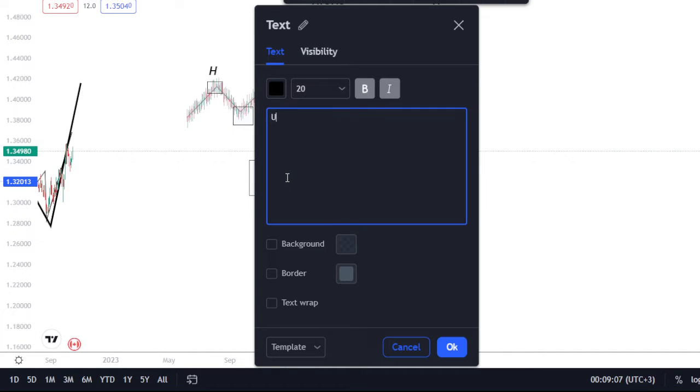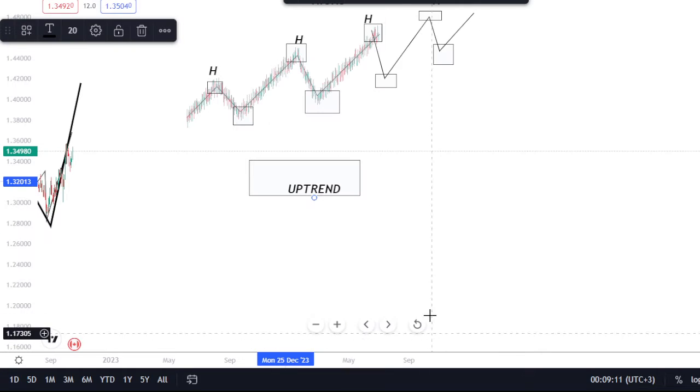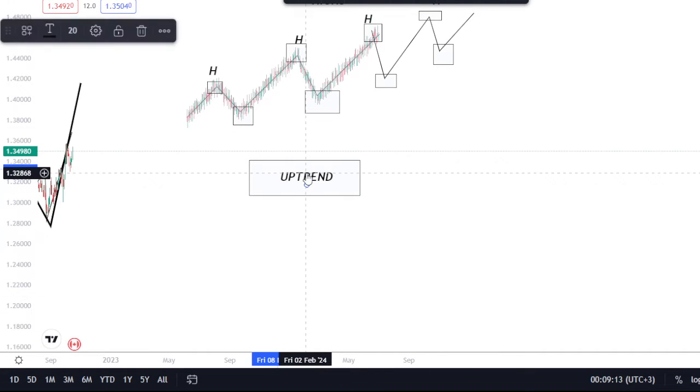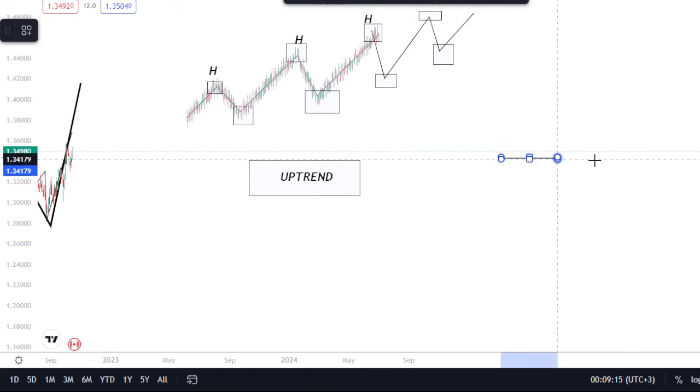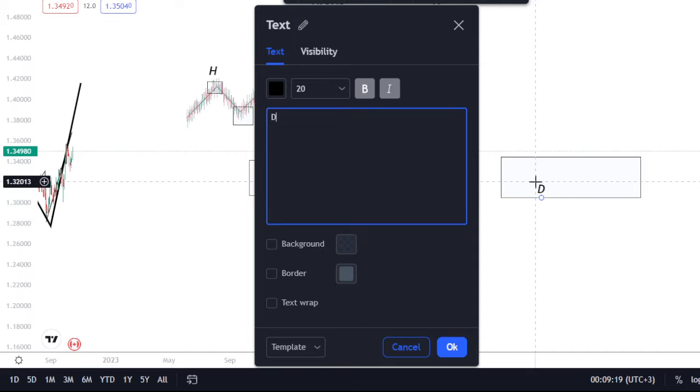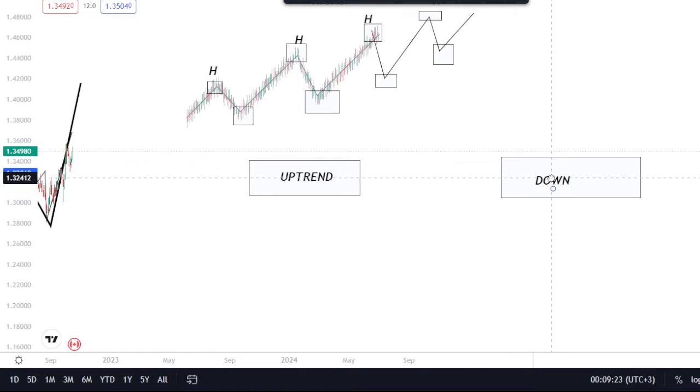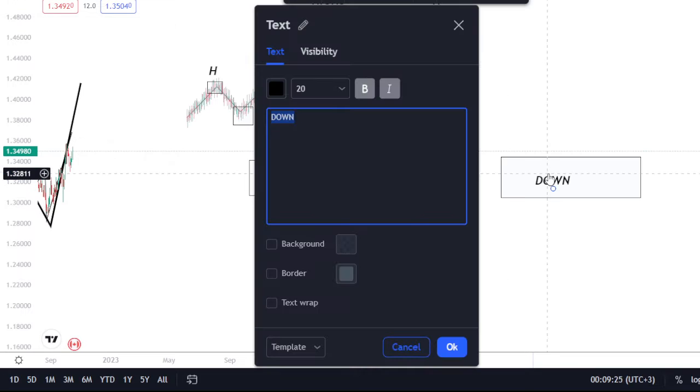The market moves in an uptrend. What do you mean by uptrend? It's just a trend going up. We have what we call a downtrend, whereby the market is moving down. So just assume this is a downtrend.